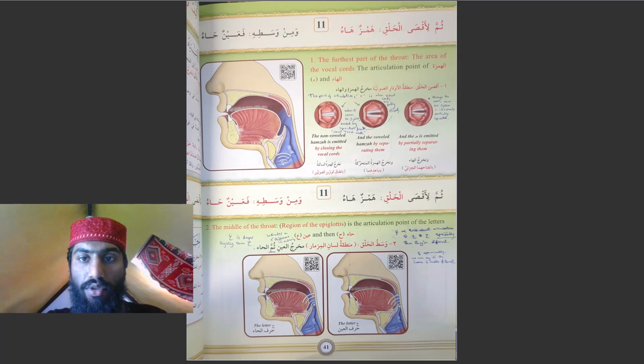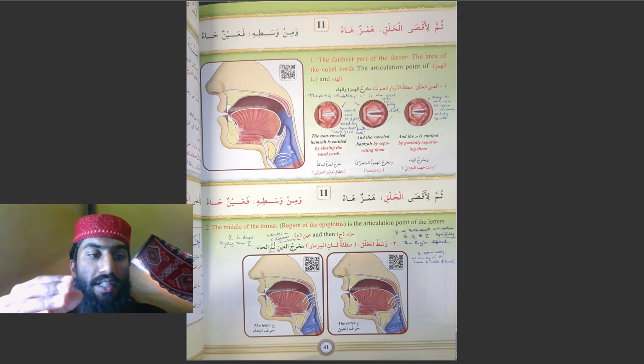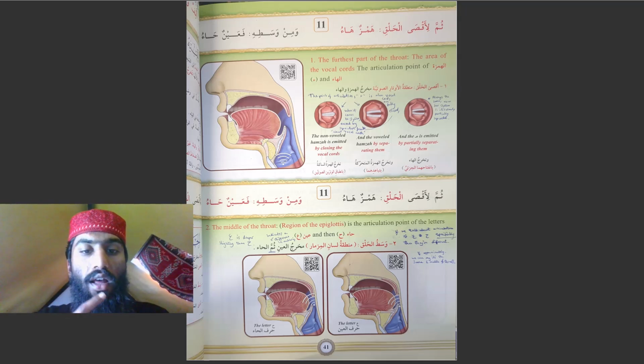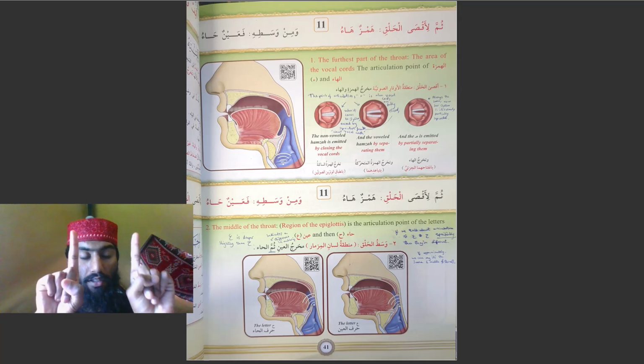the farthest part of the throat to the area of the vocal cords there. The articulation of Hamzah and Ha, look. For non-voweled Hamzah, it's made by closing the vocal cords. Non-voweled means what? Sukoon. So if you say it and end on sukoon, what you're doing is you're colliding.